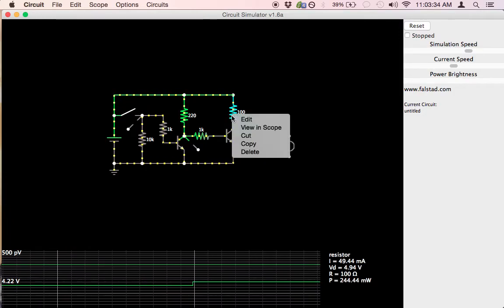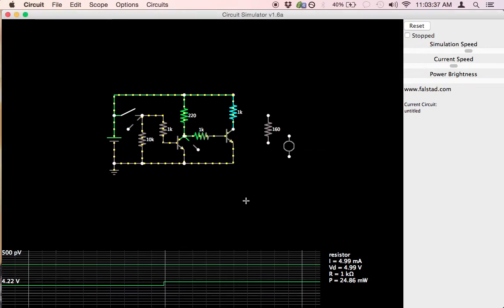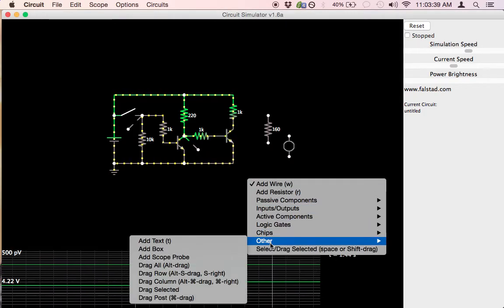This needs to be a larger value. And let's add another scope probe.